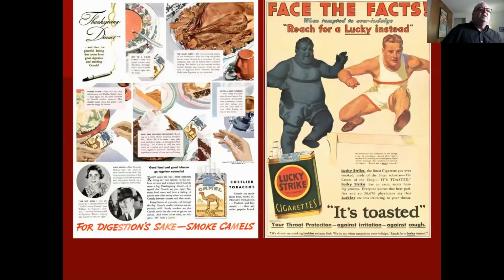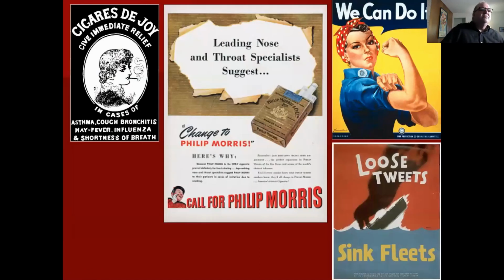But you can see, besides the fact that they're promoting cigarette smoking as a health measure, these are kind of quaint ads, but they're worth doing some analysis in terms of what kind of typefaces are in these ads. So I'll drop these into the discussion section, and you can look at those.